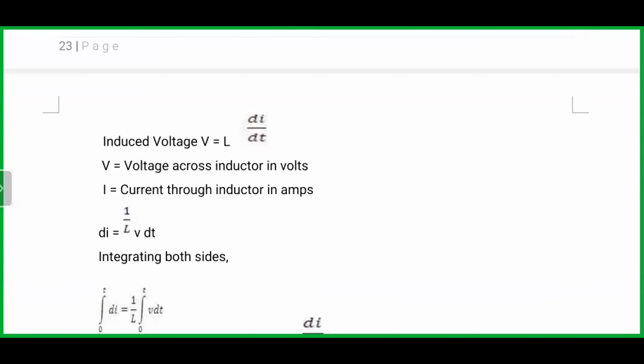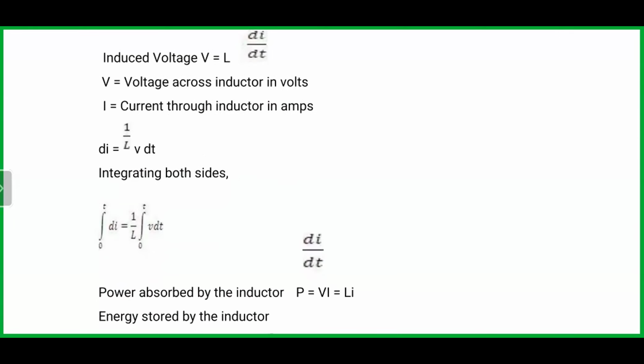So these are the equations associated with it. Induced voltage is equal to the inductance times the derivative of the current with respect to time, L di/dt, where V is the voltage across the inductor in volts and i is the current through the inductor in amps. The inductance depends on the length of the wire.